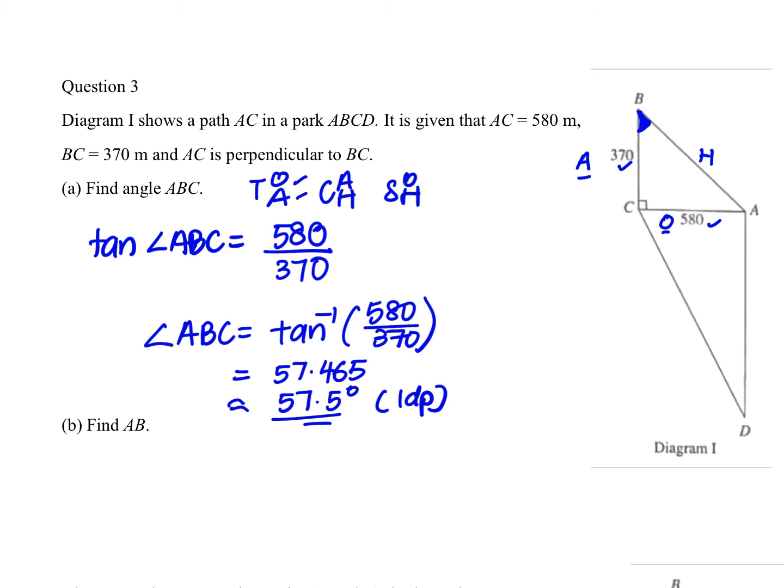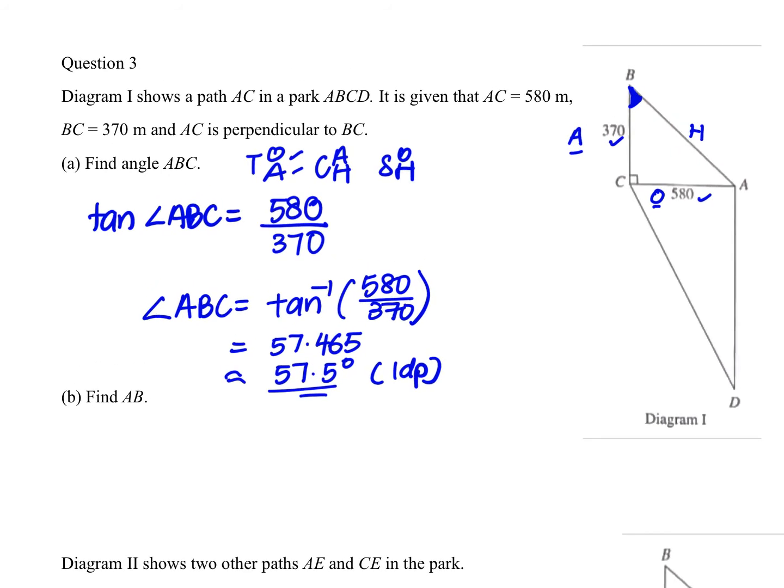Next one, I need to find the length of AB. Well, inside my triangle, I already have 370 and 580. So in order to find the hypotenuse, I'm going to use the Pythagoras theorem. So AB will be equals to, I'm finding the longer side, so I need to add the two of them together.